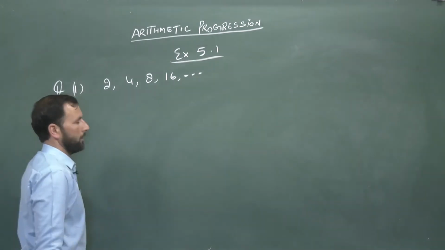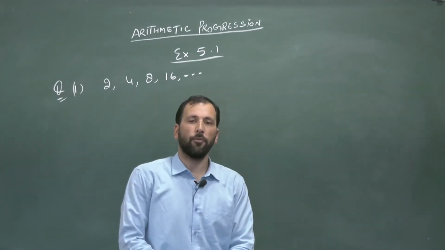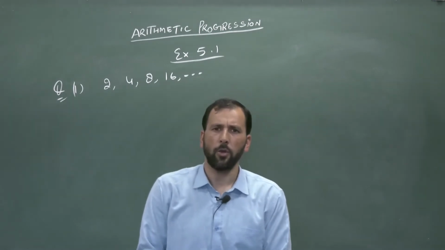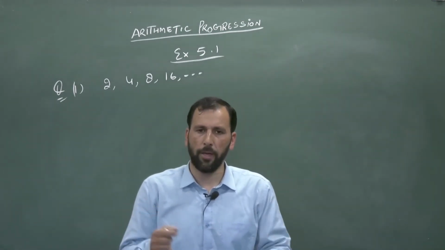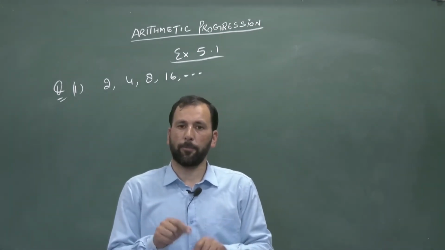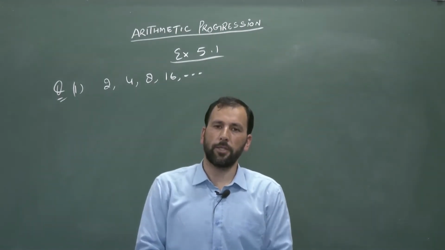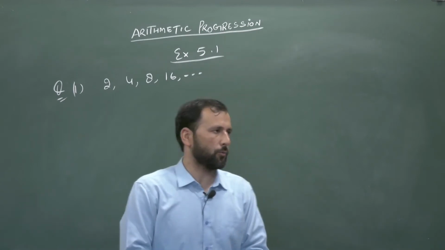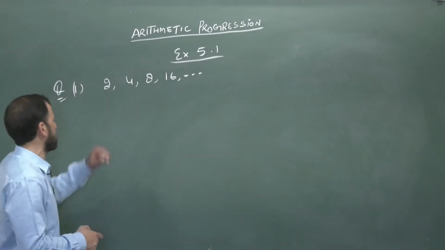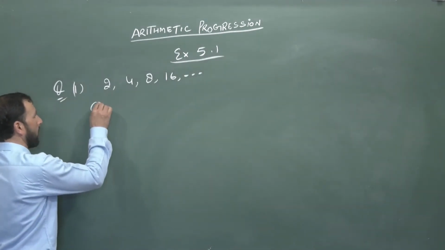We have to check whether the given list of numbers forms an arithmetic progression or not. We know that a list of numbers is said to be an arithmetic progression if the common difference between the terms is the same everywhere. So first of all, we check the common differences here. What is a2 minus a1?